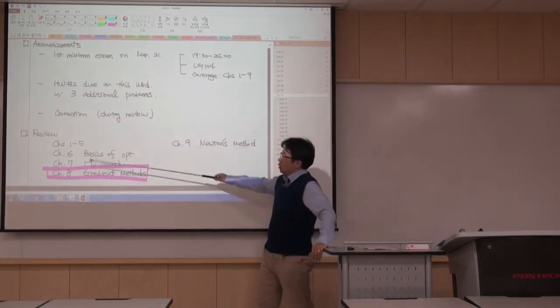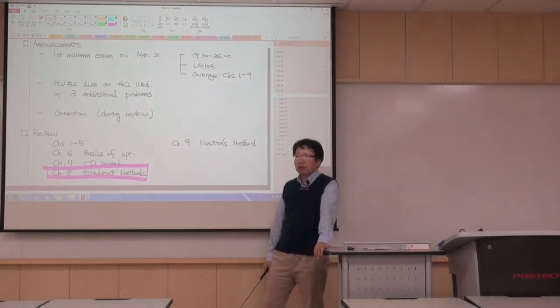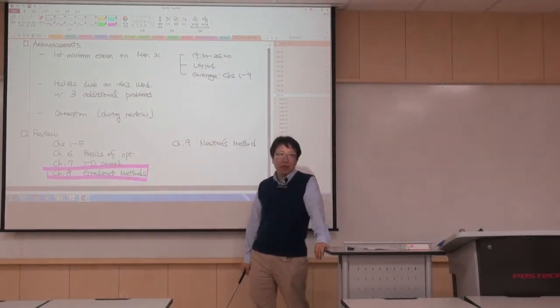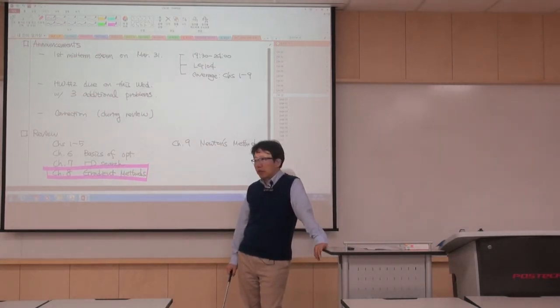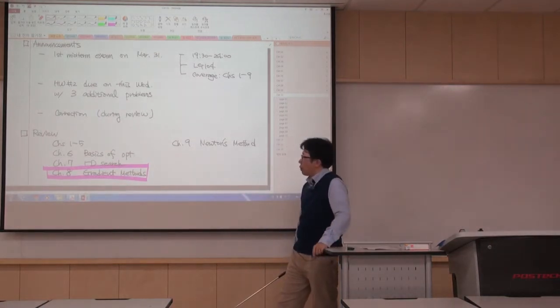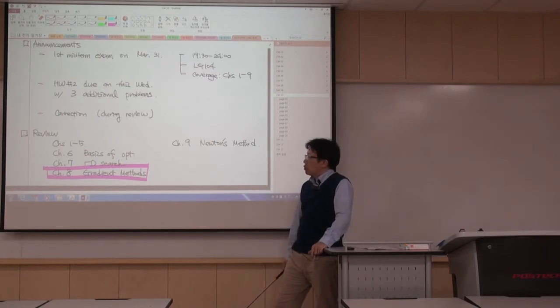And then we studied some one-dimensional search algorithms like the bisection method, golden section method, and Fibonacci search algorithm. And then last time we started to study chapter 8 about gradient methods.